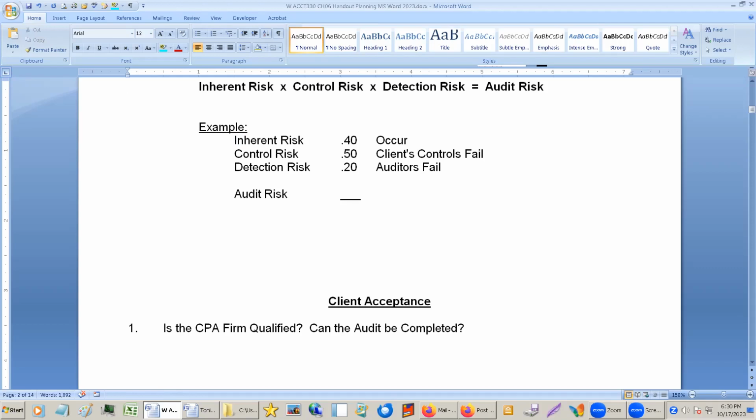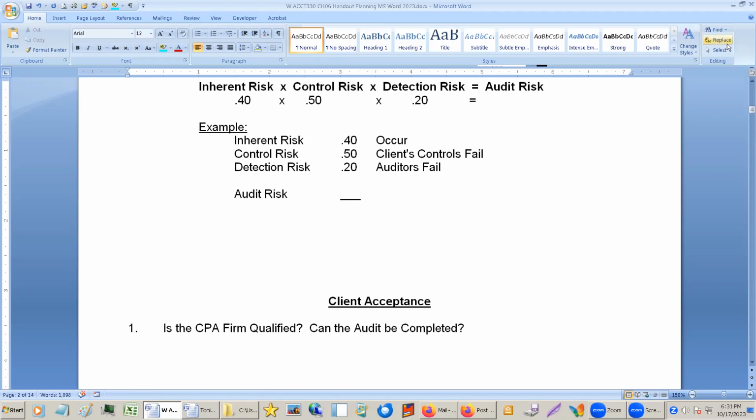Inherent risk, in this case was 40%, times control risk was 50%, probably kind of high numbers, times detection risk was 20%, and this will equal our audit risk. Whatever that is.